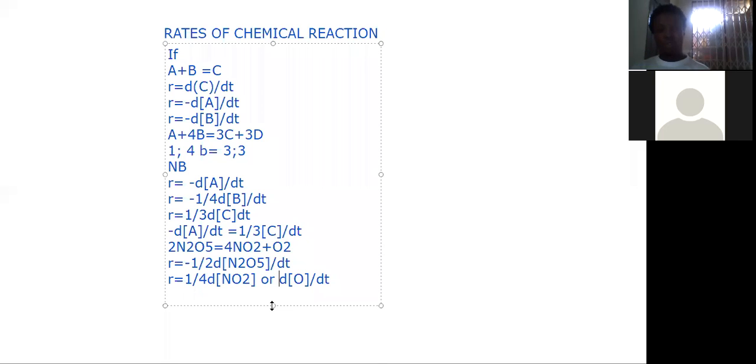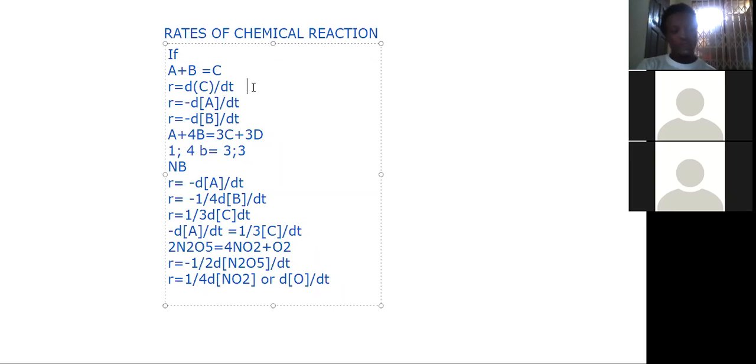Before I go to the question, you bear with me now. Looking at this formula, the SI unit for the rate of reaction will be equal to, this one is concentration, and concentration is what? Mole per dm cube.